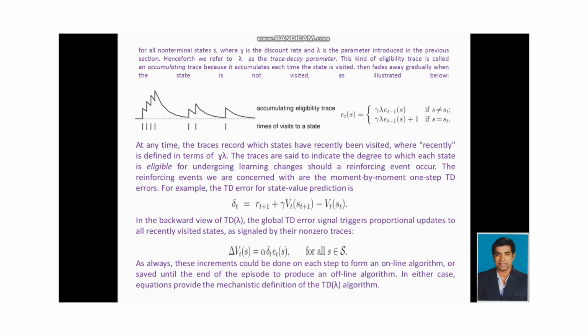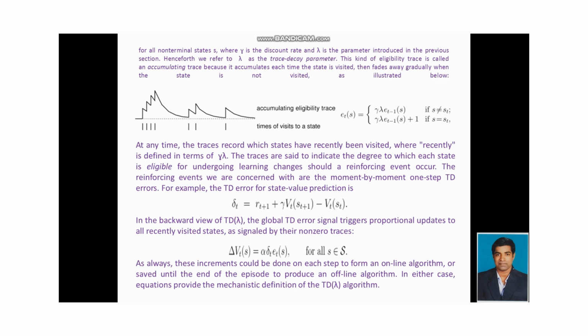At any time the traces record which states have recently been visited, where recently is defined in terms of gamma lambda. The traces are said to indicate the degree to which each state is eligible for undergoing learning changes should a reinforcing event occur.